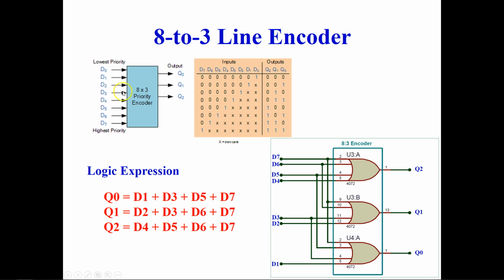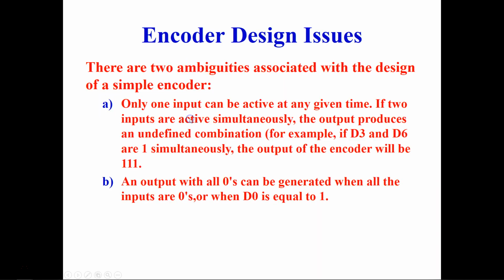So for example, D3 is sending the input, and at the same time D6 is also sending the input. Then how is your output going to detect which output it should generate, whether it should generate the output based on D3 or D6? So in that situation your output may get confused, and that's why we have these priority encoders.